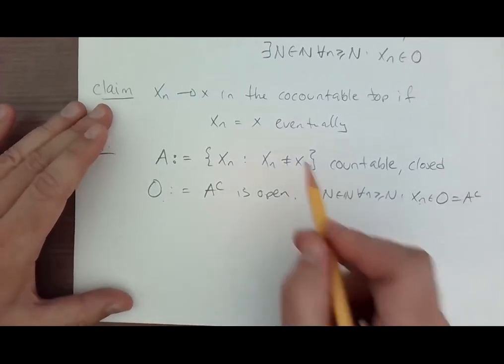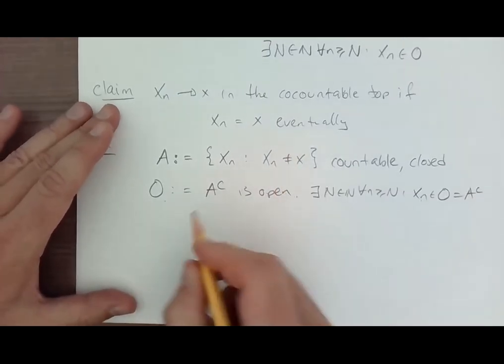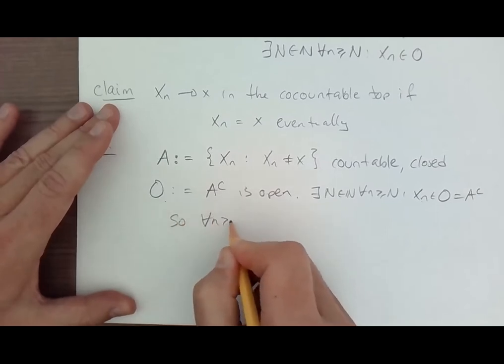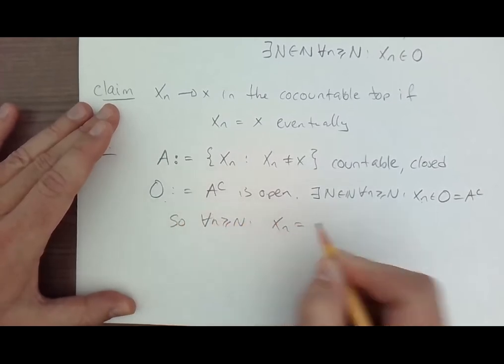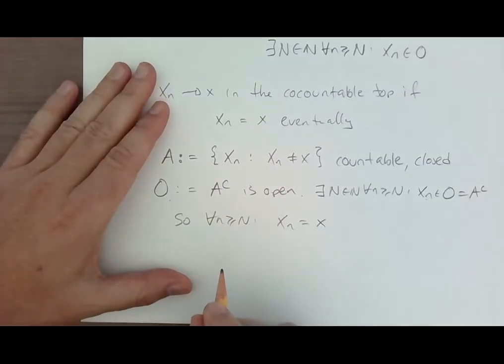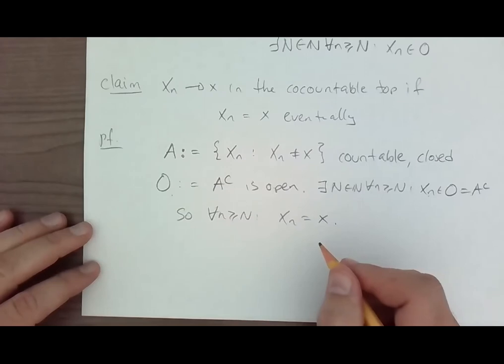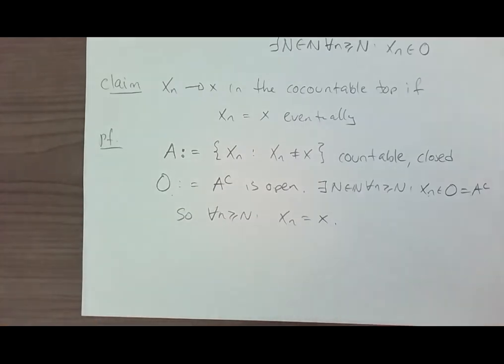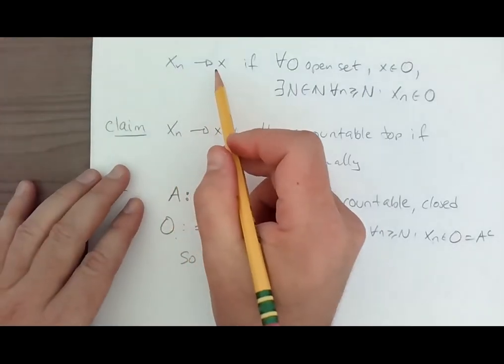What does it mean to belong to the complement? It means that I'm equal to x, right? So for any n that are sufficiently big, xn belongs to the complement, and that means that it's equal to x. So it's a crazy topology. It means that you converge if and only if you're eventually constant.